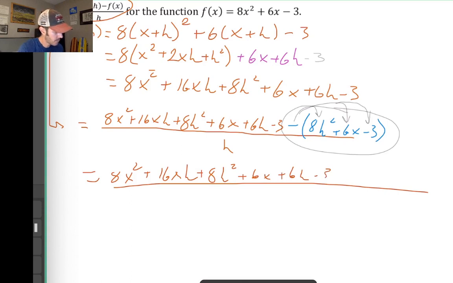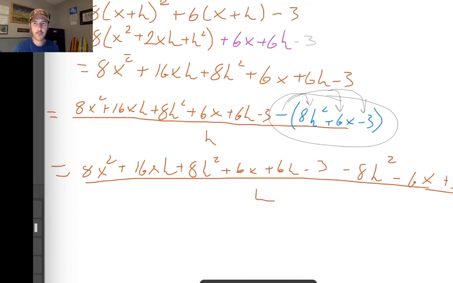Alright, now I'm going to distribute that minus sign, which gives me a minus 8h squared minus 6x plus 3. Still all divided by h.